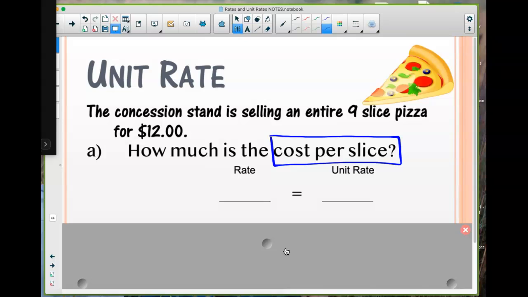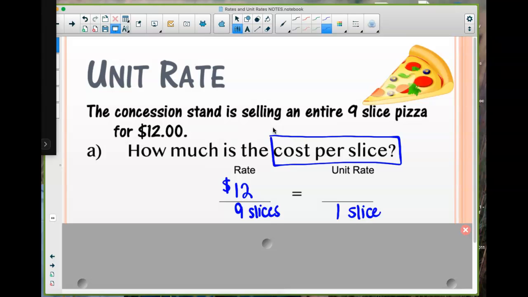If I want to find cost per slice, the 12 has to go on the top. So it's $12 for 9 slices. Okay. We want to find the cost for one slice. So I want the bottom number to be 1.